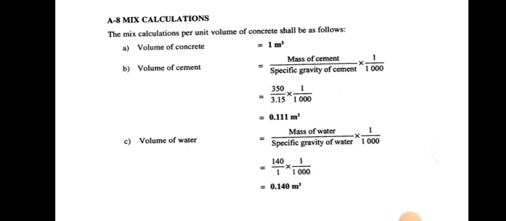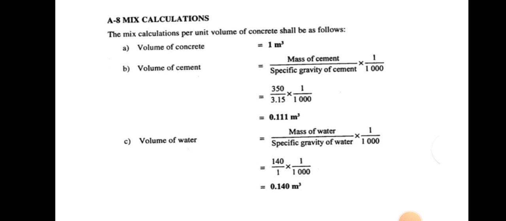Mix calculations. The mix calculations per unit volume of concrete shall be as follows. Volume of concrete is equal to 1 cubic meter. Volume of cement is equal to mass of cement divided by specific gravity of cement into 1 by 1000, which is 350 divided by 3.15 into 1 by 1000, equal to 0.111 cubic meter.